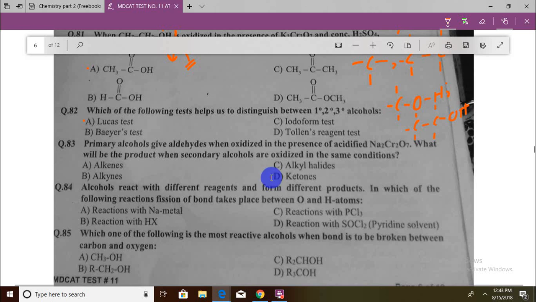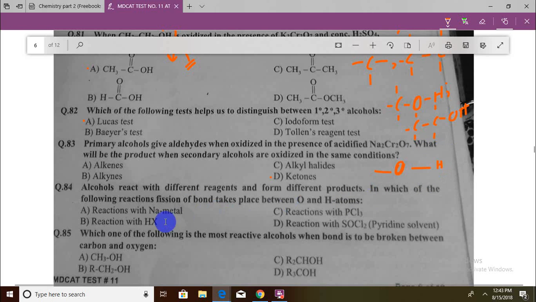Alcohols react with different reagents and form different products, obviously, and some of them can be nucleophilic substitution, can be elimination. In which of the following reactions does fission of a bond take place between O and H? And fission means breakage. Yep, definitely in the reaction with Na, this bond is broken, and instead of an H we get an Na.